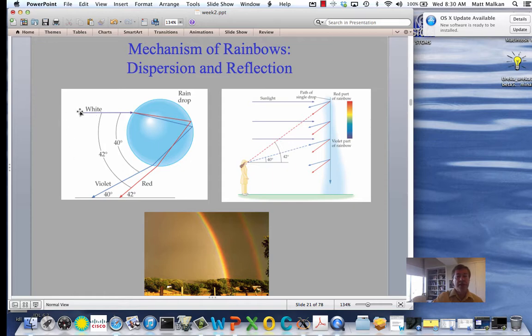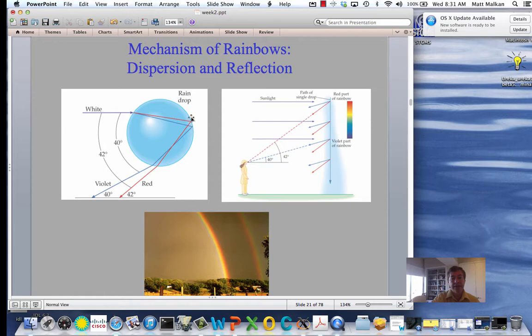That could be from the sun, after the storm has passed and the clouds are beginning to back off, but the air is still full of these water droplets. White light comes in, and now you see that water also has this property. The red wavelengths, the long wavelengths of light, are refracted a little bit when they pass from the air into the water boundary here. The blue, shorter wavelength light is refracted more, so it goes down at a steeper angle through the water.